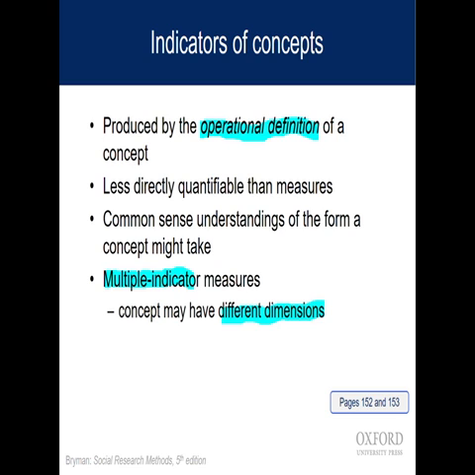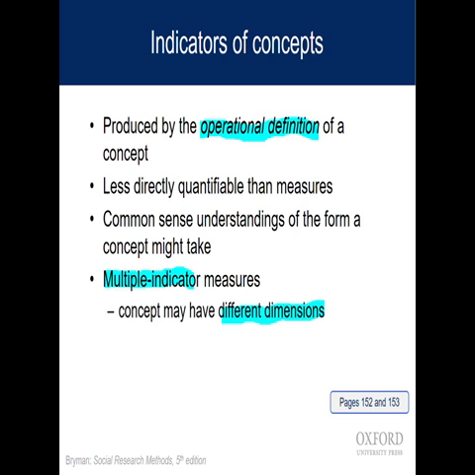So now you've gone from this concept of violence to a definition that is like a rule, a guide to tell you how to measure this and give a person a number. How many times did they attack somebody in the past year? That would be an example of an operational definition. Give me a definition that's concrete enough that I know how to measure it for each person.